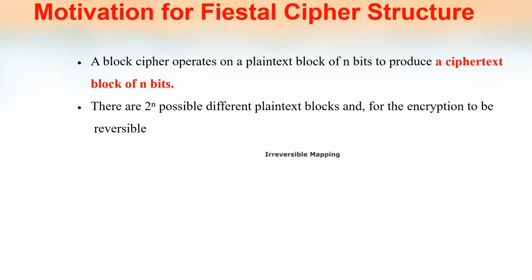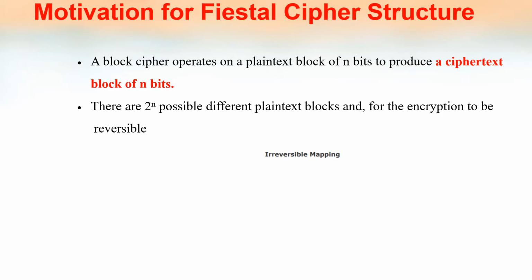Now we can see the motivation for the Feistel cipher structure, or why we are applying this type of cipher. It is a block cipher which operates on a plain text block of n bits to produce a ciphertext block of n bits. So the advantage here is, if a block has n bits, then there are 2 raised to n possibilities for ciphertext.